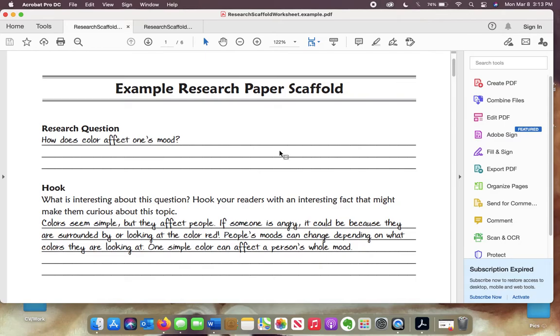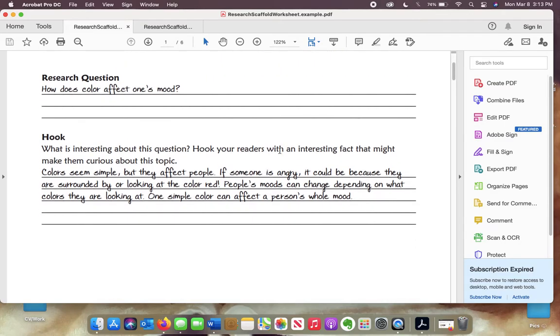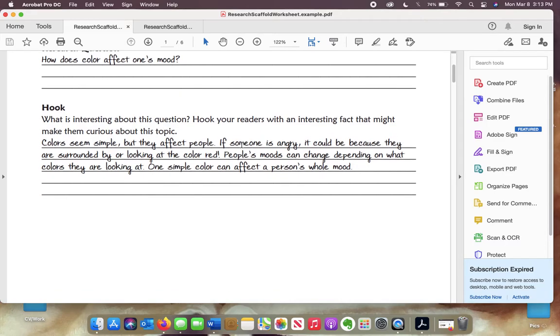This particular person's research question is, how does color affect one's mood? Then it's got a space for you to do the hook. You want to start out your paper with some sort of hook, something that's interesting, something that's going to grab the reader's attention. This person decided to say, colors seem simple, but they affect people. If someone is angry, it could be because they are surrounded by or looking at the color red.